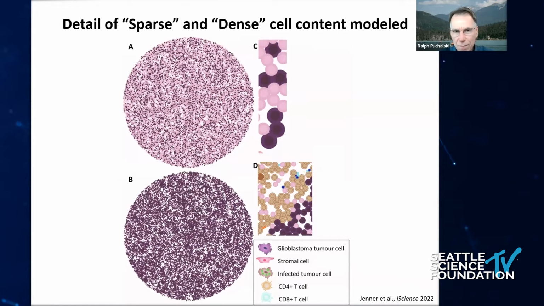So for example, in panel D, you can see different colors and different sizes of circles. And these indicate the glioblastoma tumor cell, which is in purple, the stromal cell, which is in pink circles, infected tumor cells, as well as the CD4 T cell and the CD8 T cells. So all of these different cell types were modeled in our simulations.